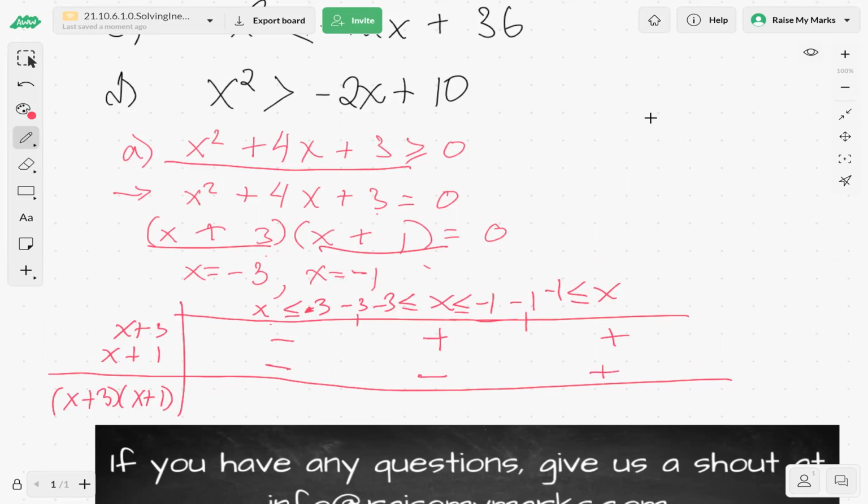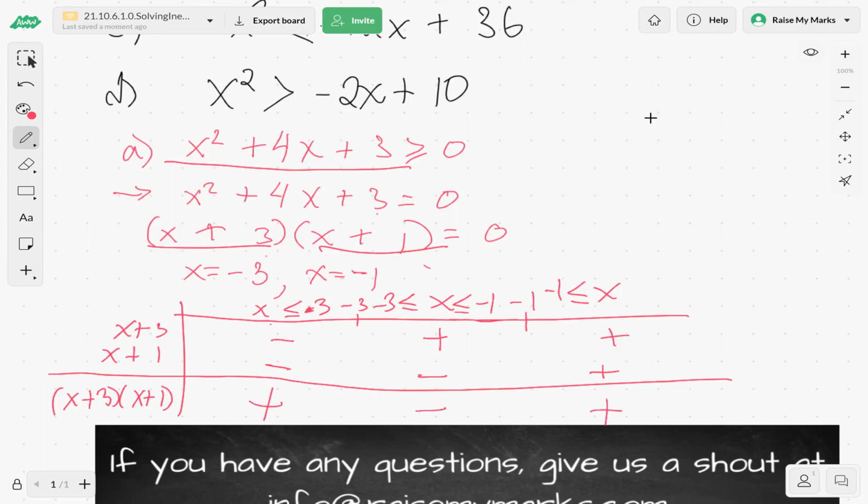All right, so now we're going to look at the product x plus 3 times x plus 1 and see what the sign is on each of these intervals. When x is less than negative 3, we get a positive value. When x is between negative 3 and negative 1, we get a negative value. And when x is greater than negative 1, we get a positive value again.